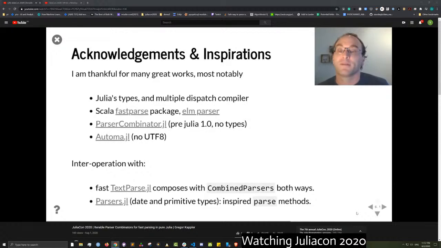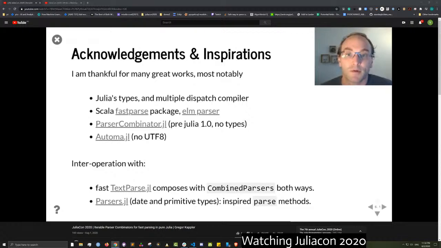I'm thankful for many great works, most notably Julia's parametric types and multiple dispatch compiler, Scala's fastparse package, and the Elm parser, because functional parsing is great. Parser Combinator was an inspiration. It does, however, not follow Julia 1.0 iteration API and small unions.